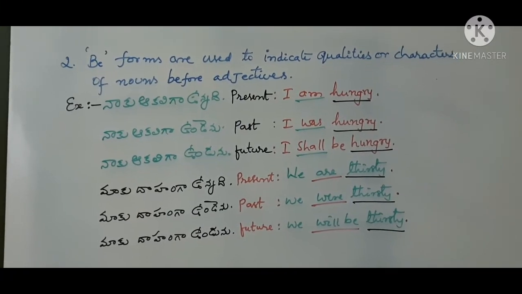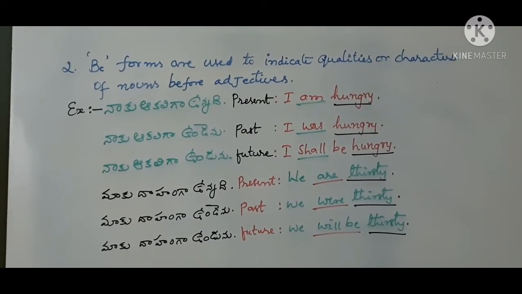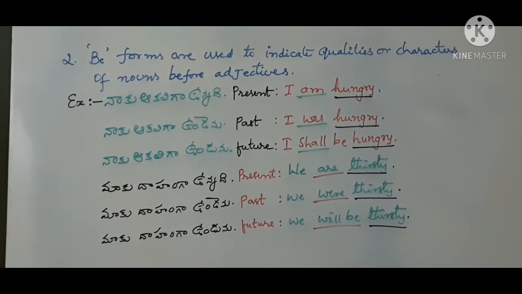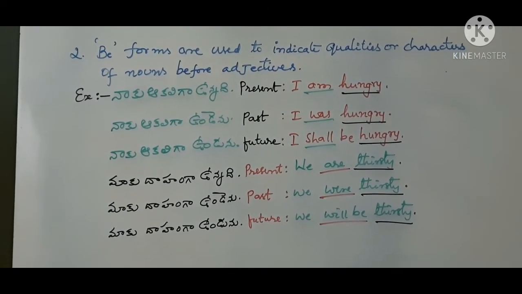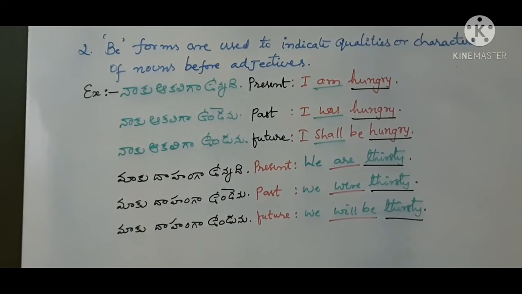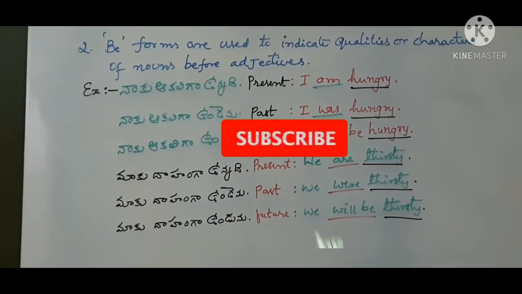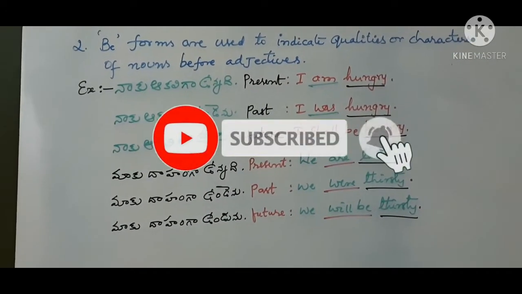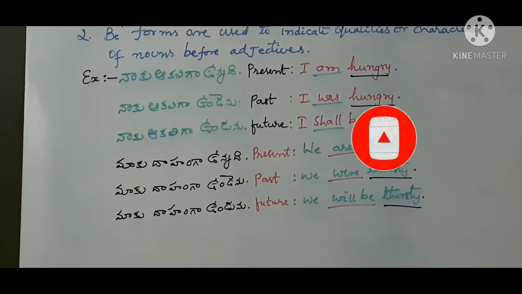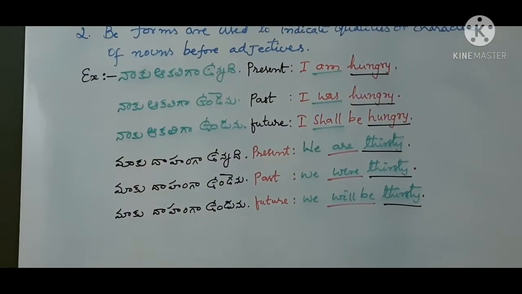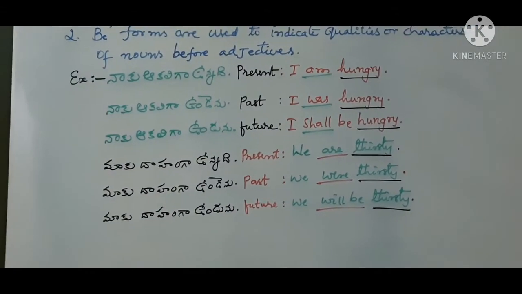Second use of be forms: be forms are used to indicate qualities or characters of nouns, before adjectives. For example, 'నాకు ఆకలిగా ఉన్నది' present, 'నాకు ఆకలిగా ఉండెను' past, 'నాకు ఆకలిగా ఉండును' future.